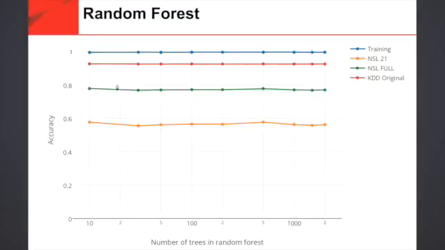Commonly, random forest is used to reduce bias. With the increase of trees, its bias becomes low. But in this case, I think because we already performed feature selection, there are relatively few features in this dataset, so the bias does not occur.